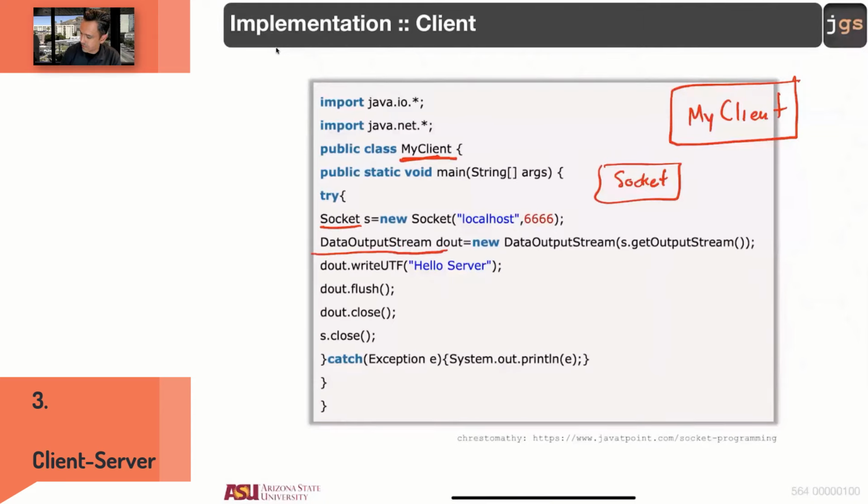Oops. The other class. So it looks like that is the connection between my client, socket, data output stream, which is the connection between this and between this.